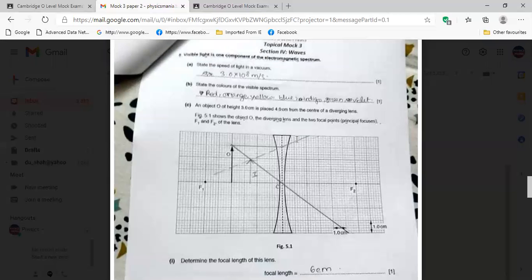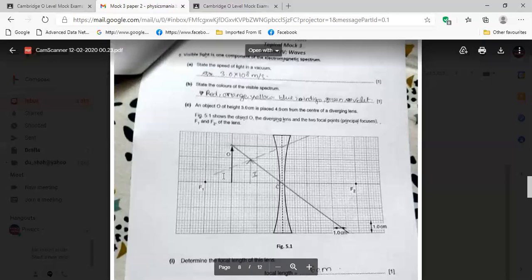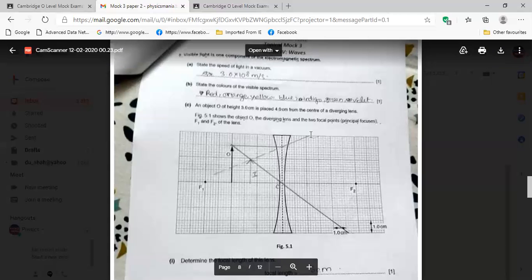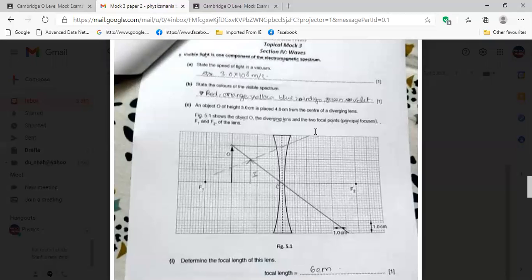Take the ray from here. These two points you make your base: this F1 and the optical axis. I will draw the dotted line first, then it will continue. That will be correct. Got it now? Yes, sir.